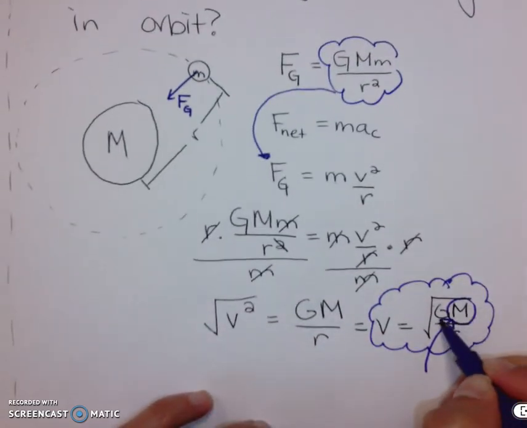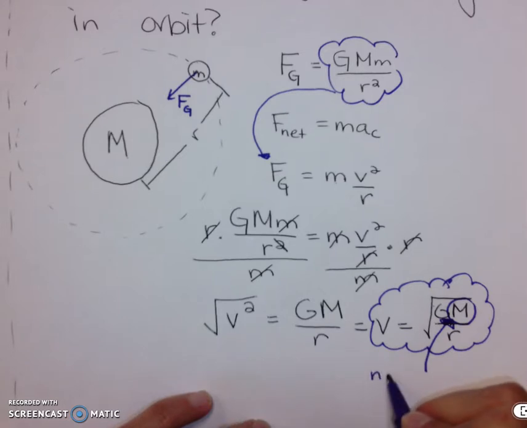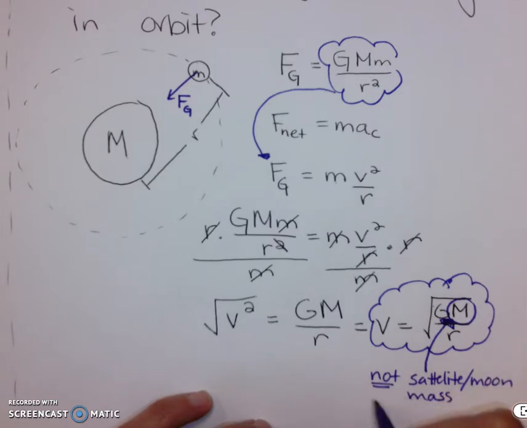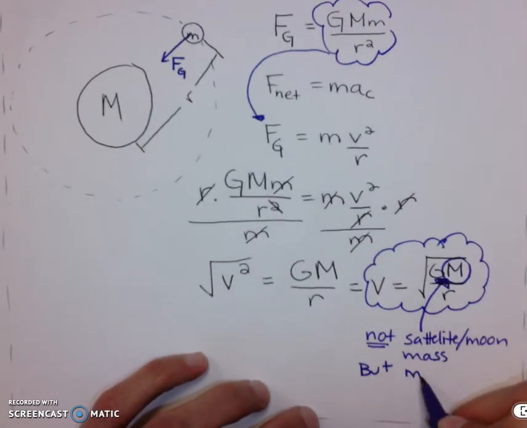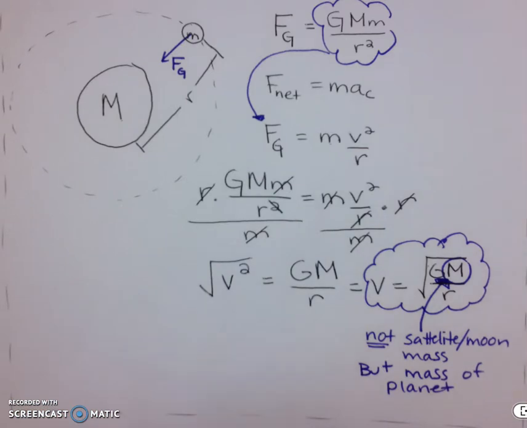So this is not the mass of the satellite or moon, but the mass of the planet. Now that could be planet Earth, it could be Mars, it could be some other planet, who knows. But it's whatever is being orbited, that's what that mass is. Okay, so just don't get confused there.